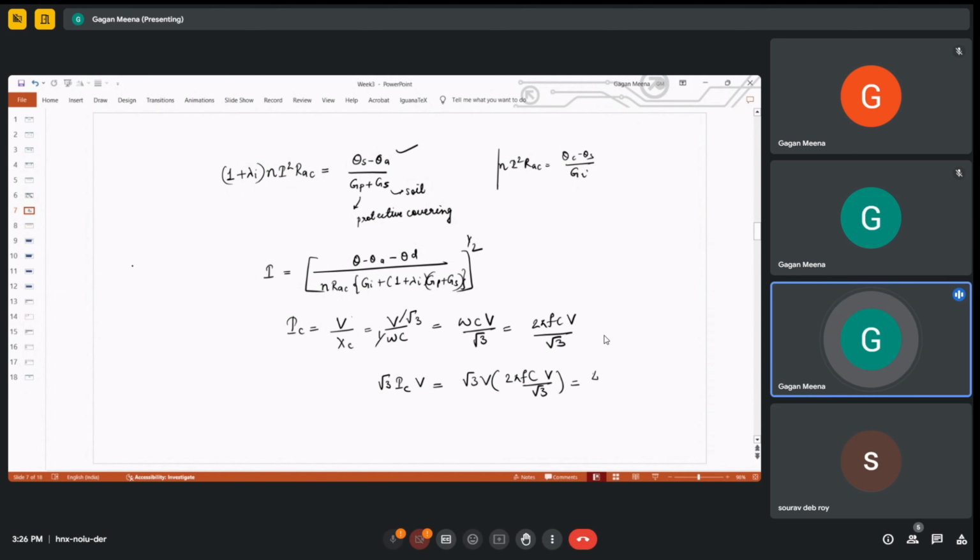So what will it be? Here we can also substitute C as 2 pi epsilon naught epsilon r upon ln R by r. If we substitute this here, then we get 4 pi square f V square epsilon naught epsilon r divided by ln R by r. It is VAR per meter.